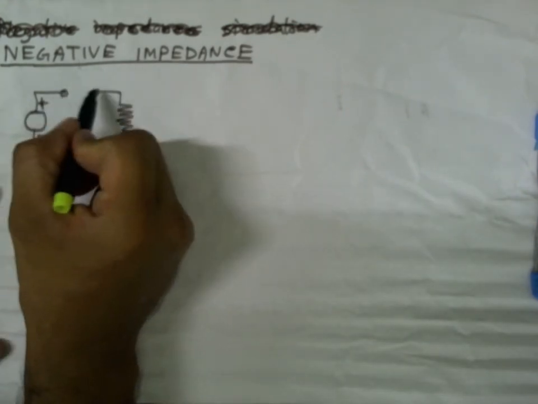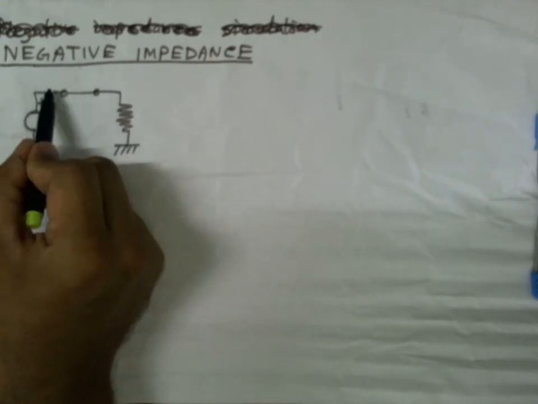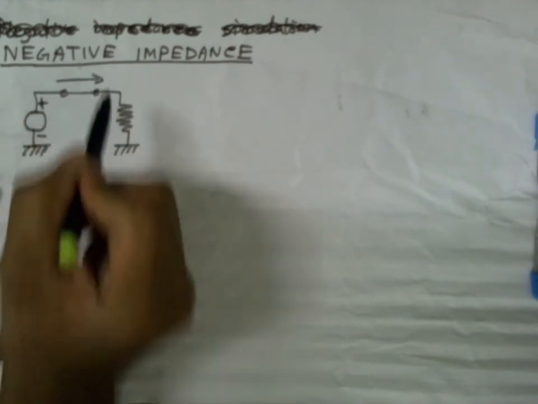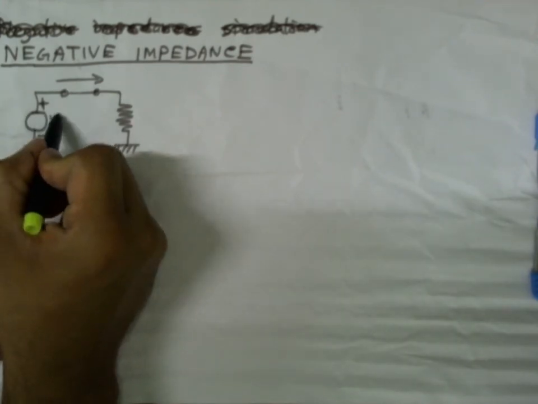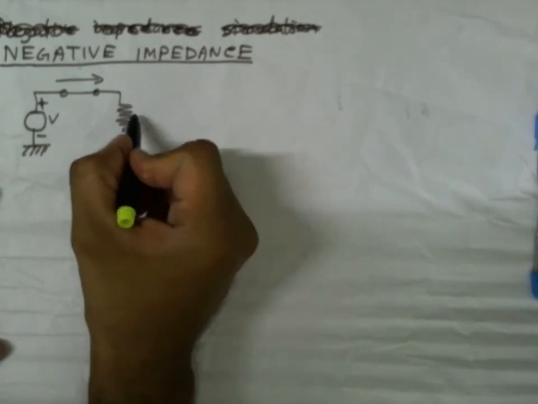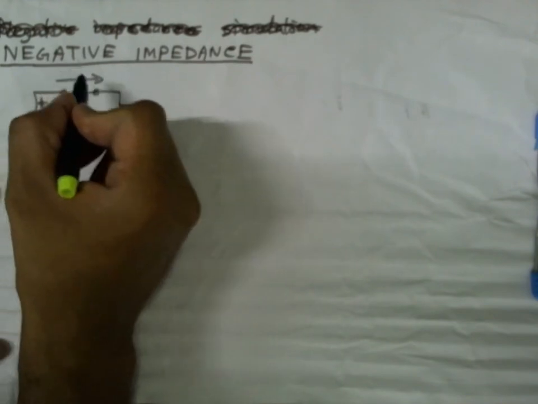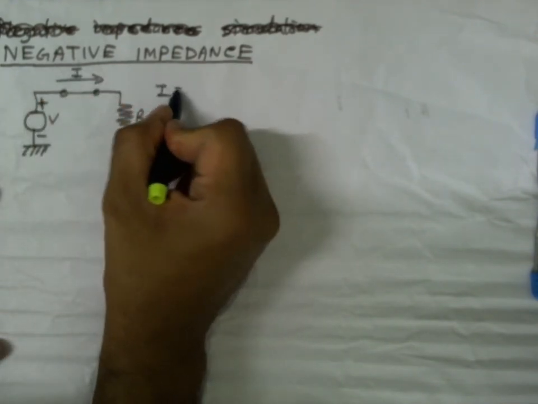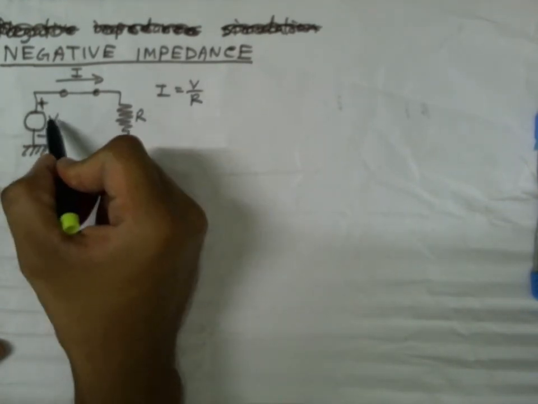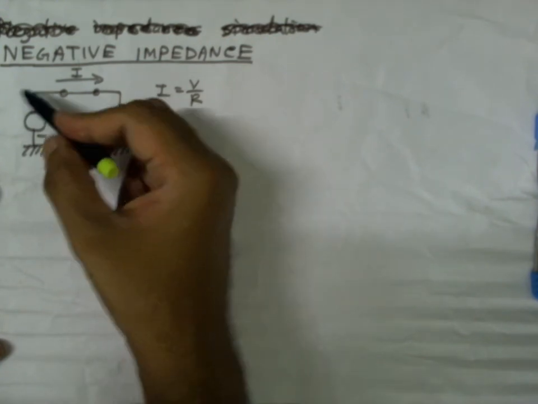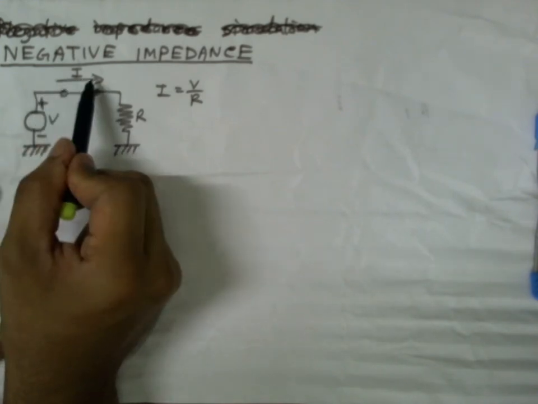Now if I connect these two terminals like this, then there will be some current flowing from left to right if this end is positive and this end is negative, and if this voltage is V and this resistance is R, then Ohm's law says that this current I should be equal to V by R. If V is positive, the current from left to right will be positive.